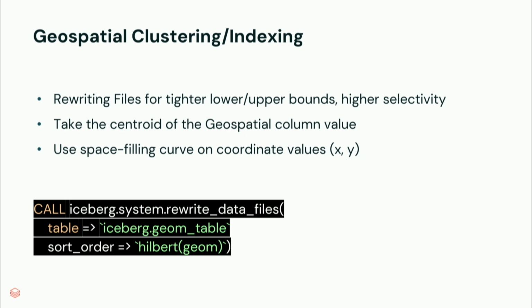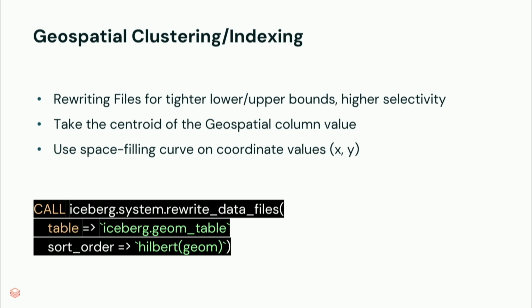There are many ways to order them, but essentially the idea is to preserve the spatial proximity within each Parquet file and Iceberg table, such that the bounding box is really, really tight. When you have a spatial filter, you can then prune as many bounding boxes as possible.